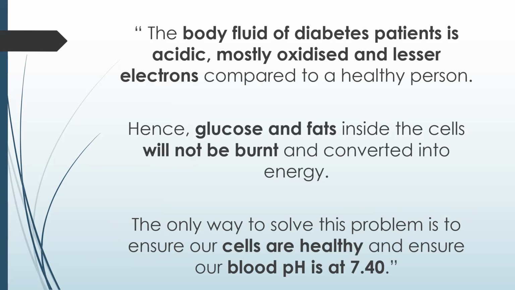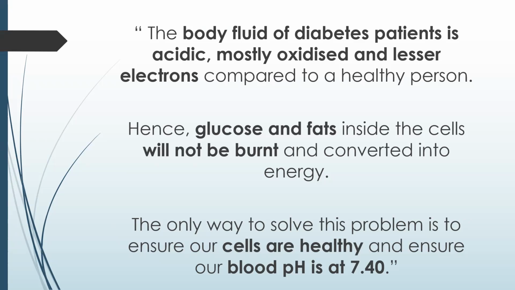Now, Dr. Nobre also mentioned the body fluid of diabetes patients is acidic, mostly oxidized, and has fewer electrons compared to a healthy person. Like I've mentioned just now, they have a diabetic problem because of their cell metabolism, which causes their blood to have a lot of toxin and waste, which means the body fluid is acidic.